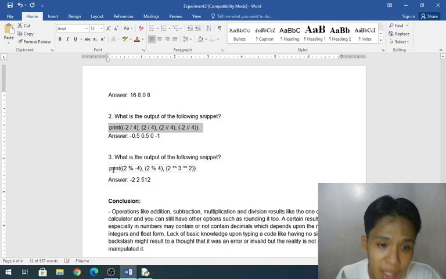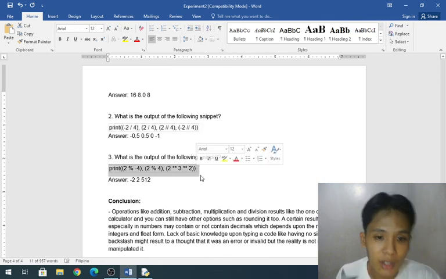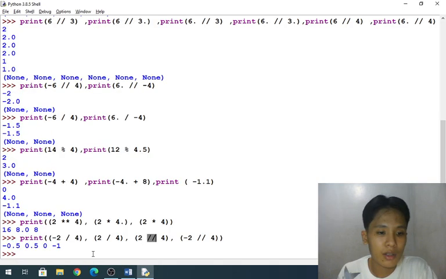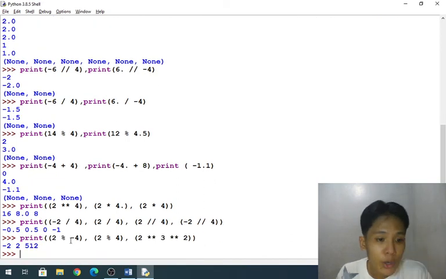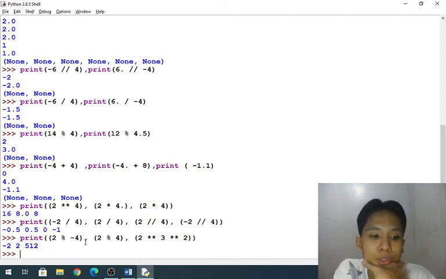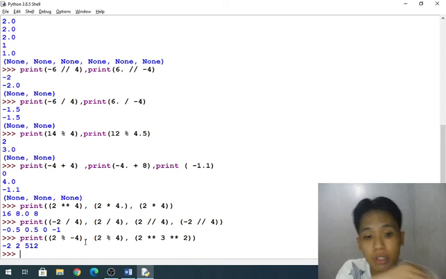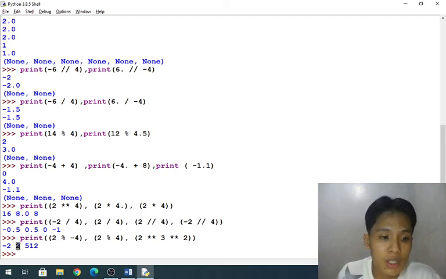And the last snippet, we're almost done. Enter. There you have it. Negative 2 percent 4 is 2. Yeah, that's correct. The first one was negative, so the second one was positive.